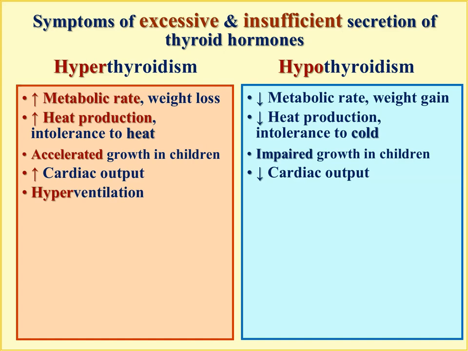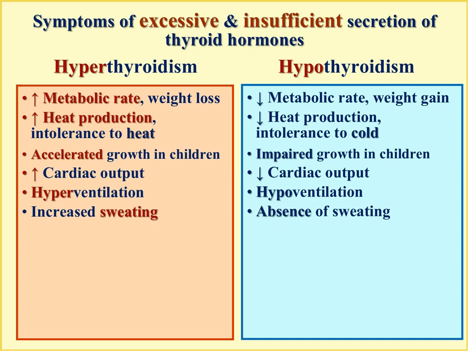Then hyperventilation, due to excessive stimulation of the respiratory center by the sympathetic system from excessive hormones, and hypoventilation for deficiency. Then increased sweating. If you remember, sweating is also part of the sympathetic effects, and increased sweating is characteristic for hyperthyroidism, and absence of sweating for decreased hormone levels.